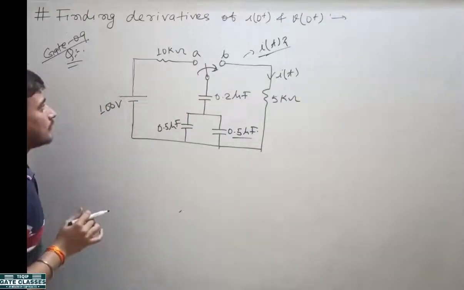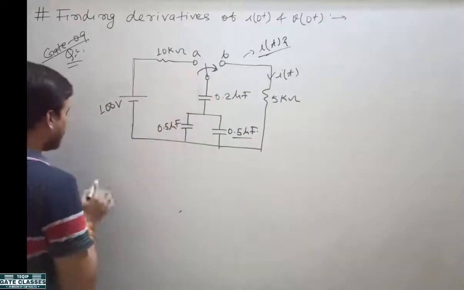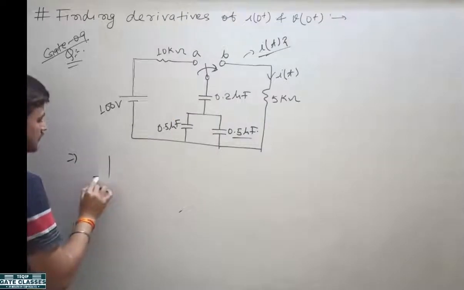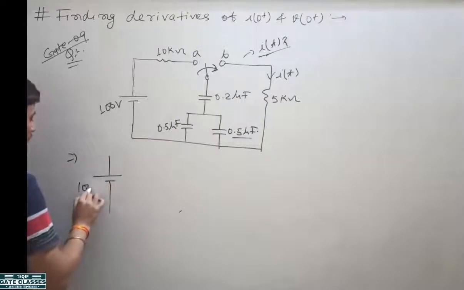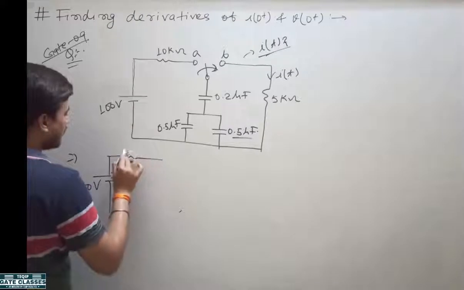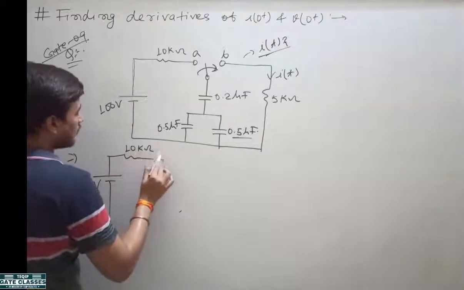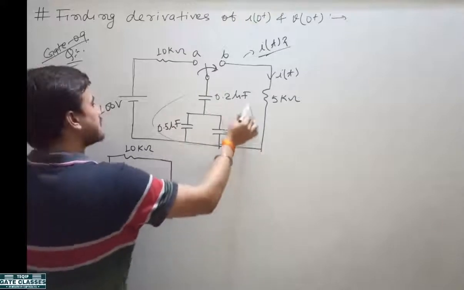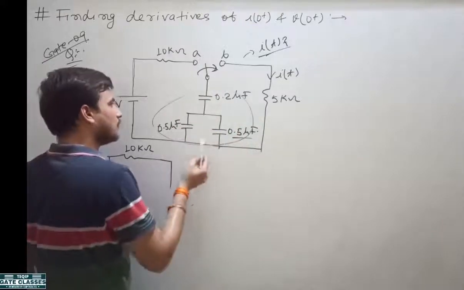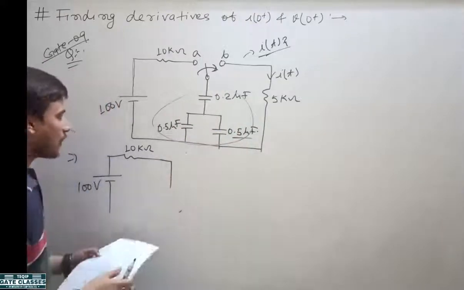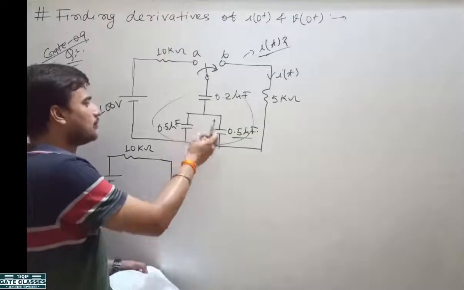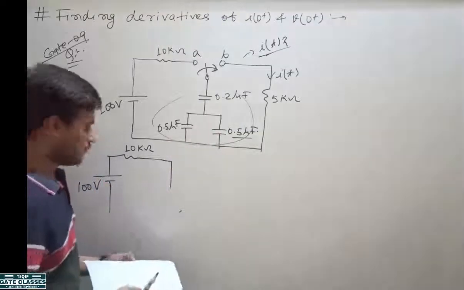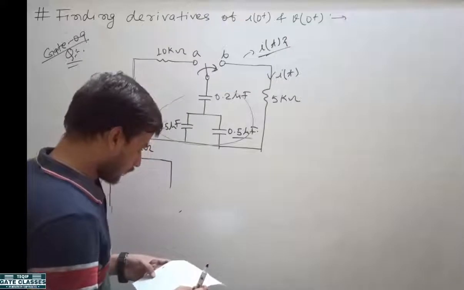See, when the switch was at position A for a long time, let us redraw the circuit. Here it is 100 volt, here it is 10 kilo ohm. Now you can find the equivalent of these capacitors, 0.5 and 0.5 in parallel, that means 1 microfarad.